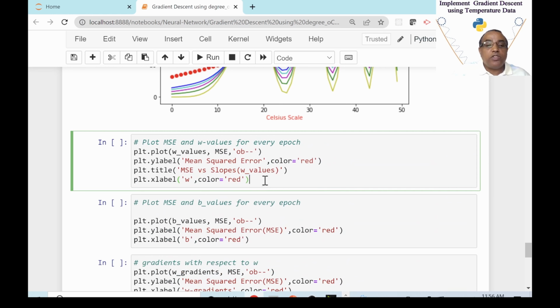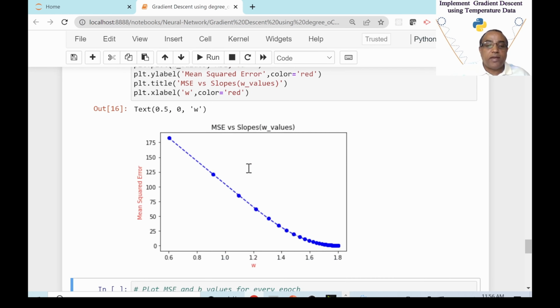Okay, let's plot gradients with respect to loss, mean square error. What does it look like? If you look at this graph, as the mean square error, which is a loss, gets close to 0, the slope of the line is close to 1.8.